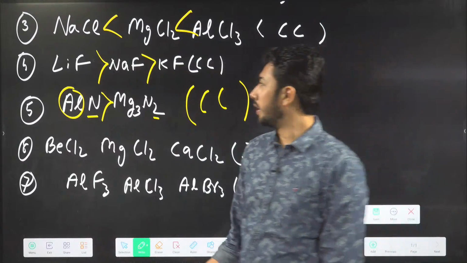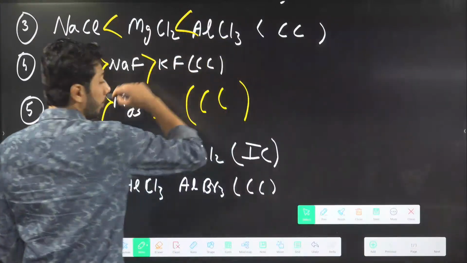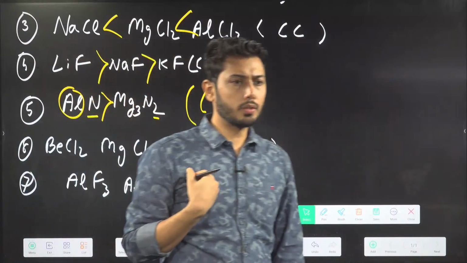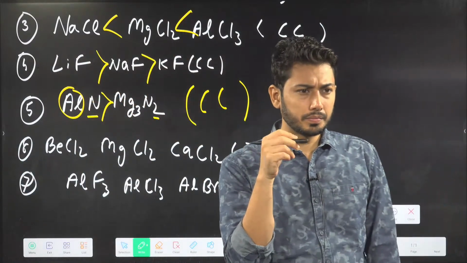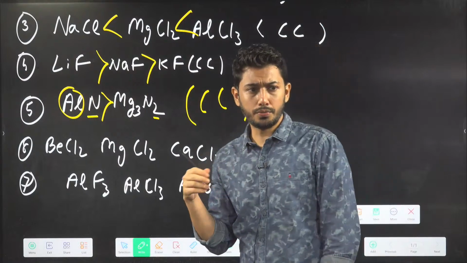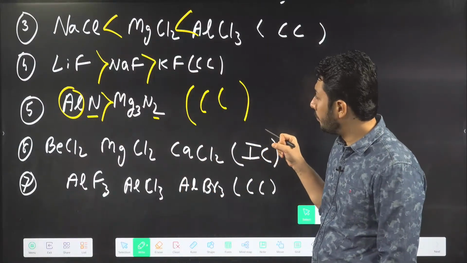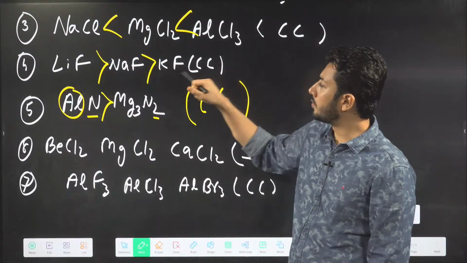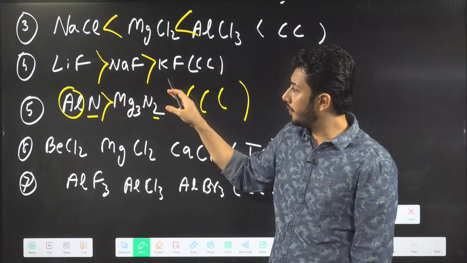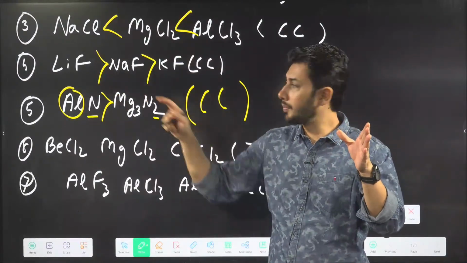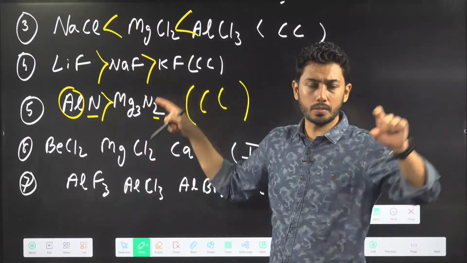Okay, third one. In third one, which is common? Who asked? Explain fourth. Fourth asked. In fourth, differentiating factor is what? What is common? Anion same, differentiating factor is cation. Li plus, Na plus, K plus.